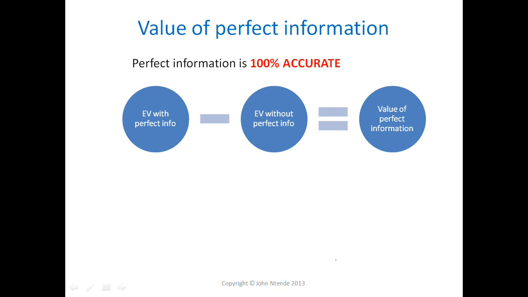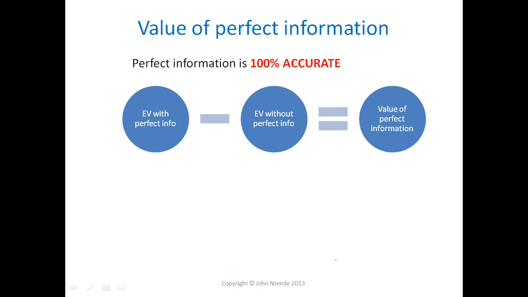Value of perfect information. So what is perfect information? Perfect information is taken to be 100% accurate, meaning we can rely on it to make future decisions. So what's the value of perfect information?